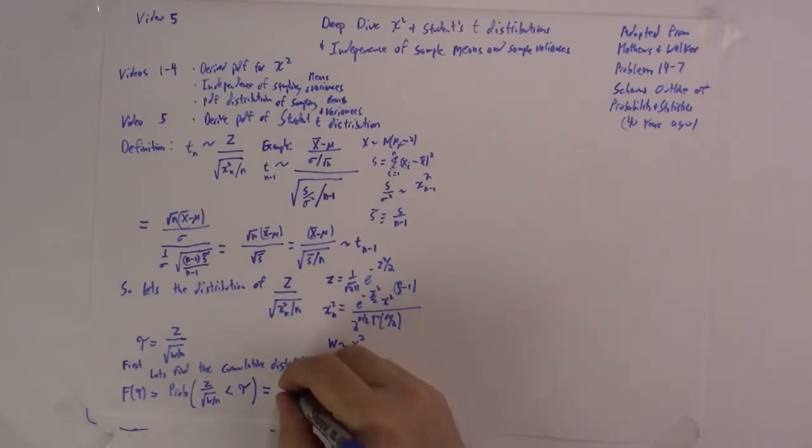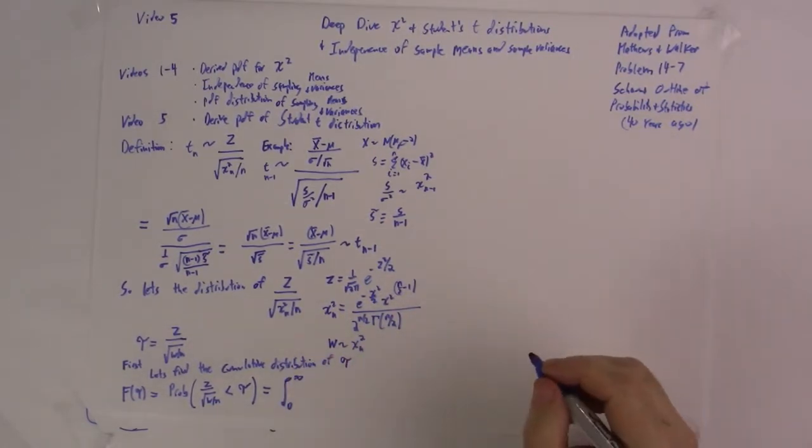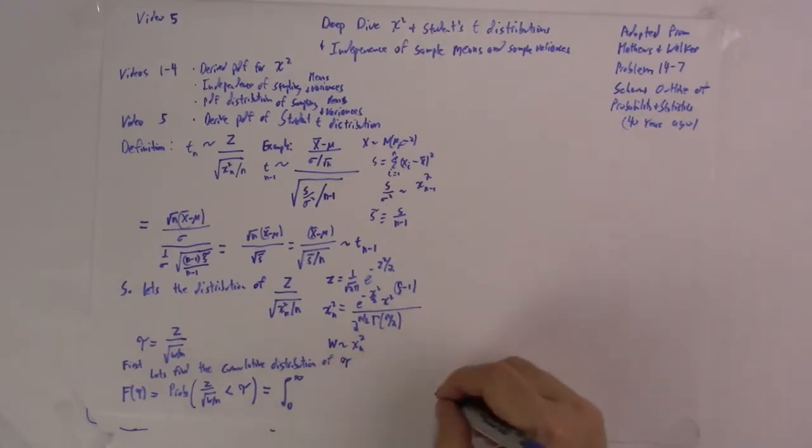The outside integral is w. W goes from 0, because it's a chi squared variable, to infinity. I'll put dw here.